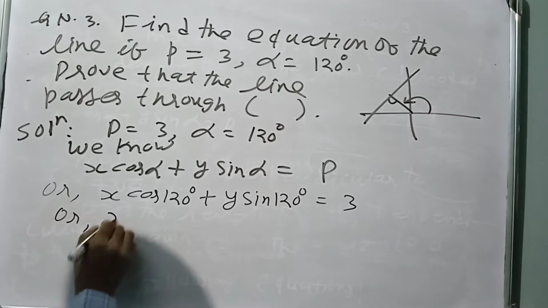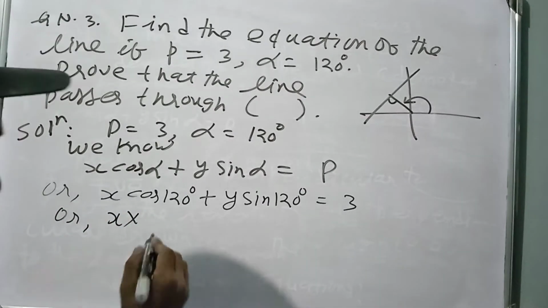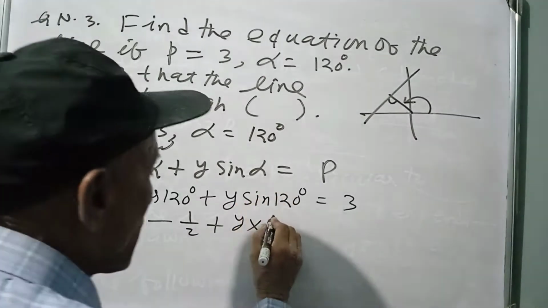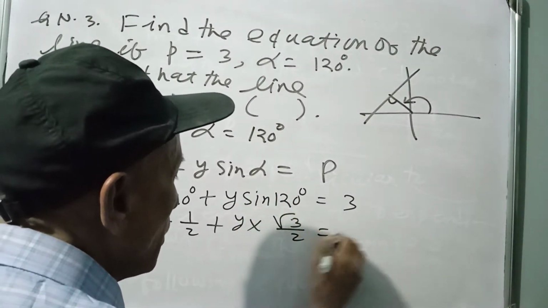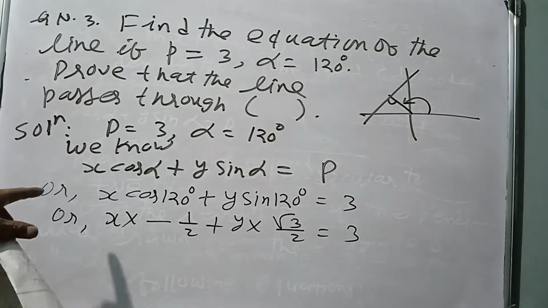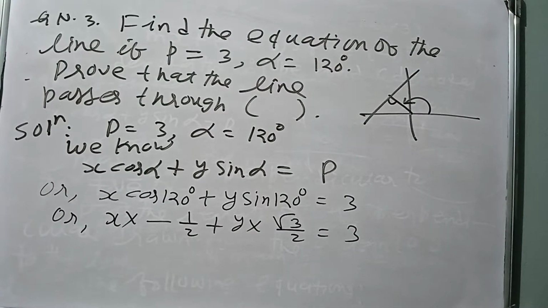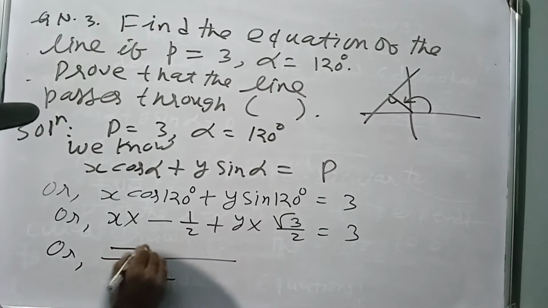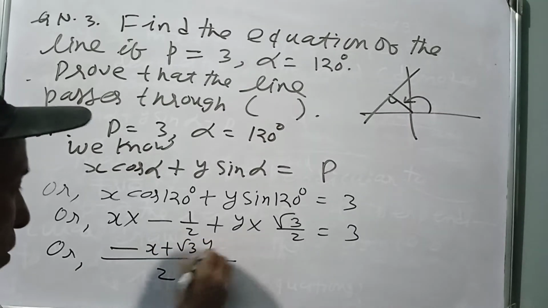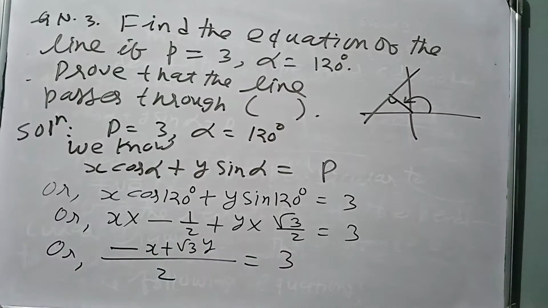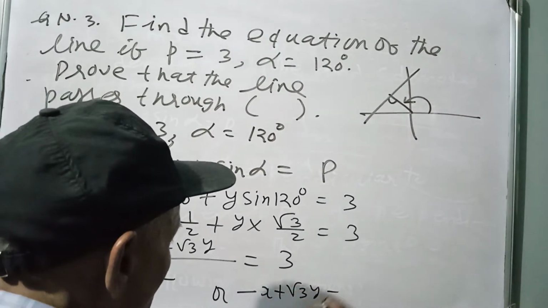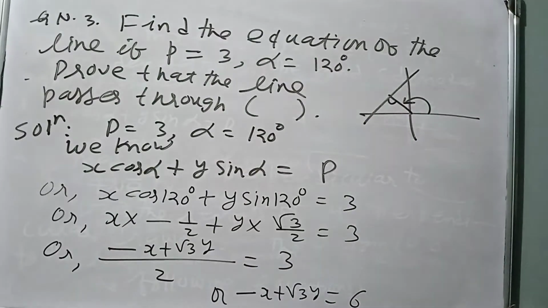Or x cos 120 degree, minus half, plus y sin 120 degree, root 3 by 2, equal 3. Put the values of alpha and p. Now take LCM 2: minus x plus root 3 y equal 6.